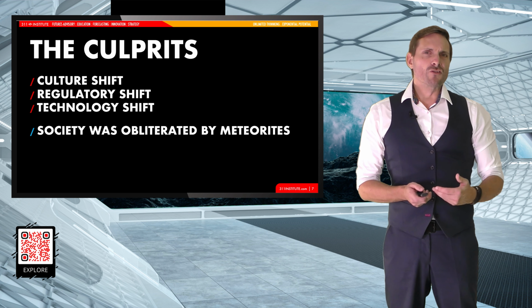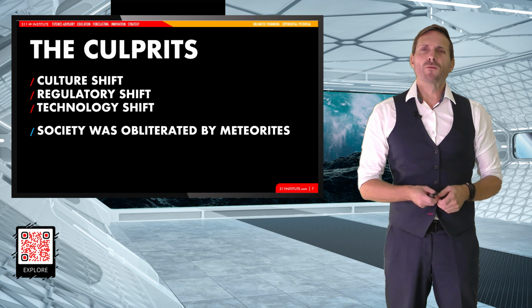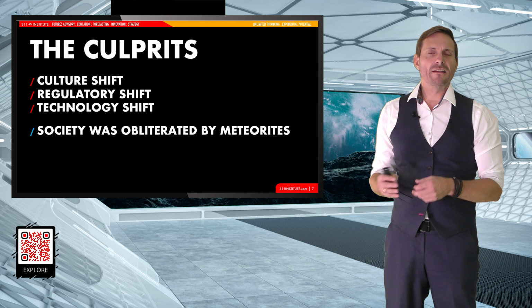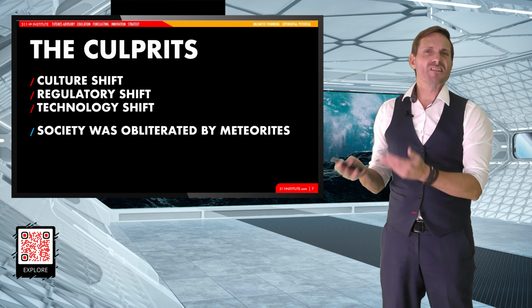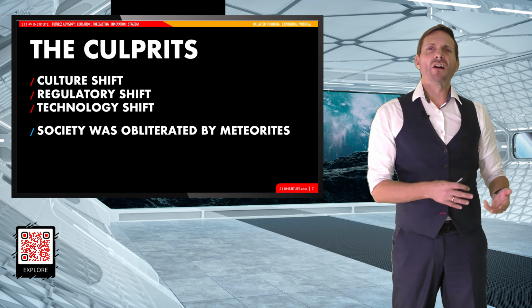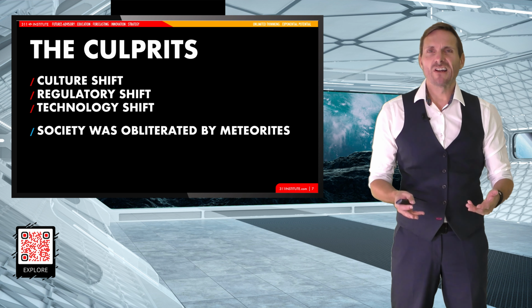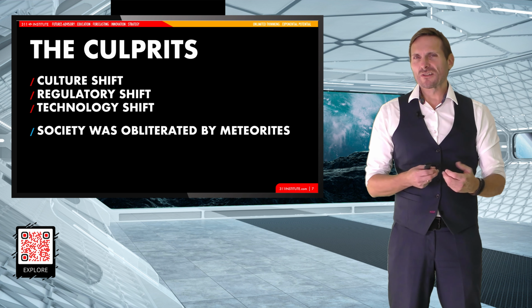There are also technology shifts, where we simply move from one type of technology, like the horse and cart, to a new kind of technology, the automotive car. We have lots of different technology shifts.